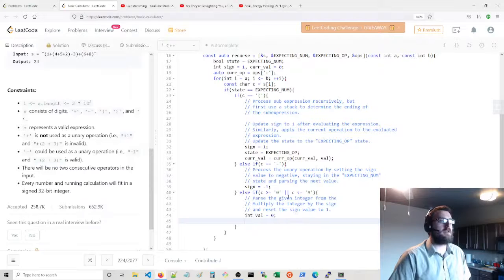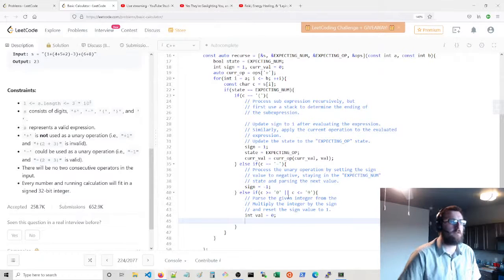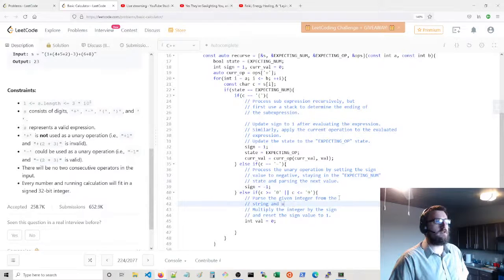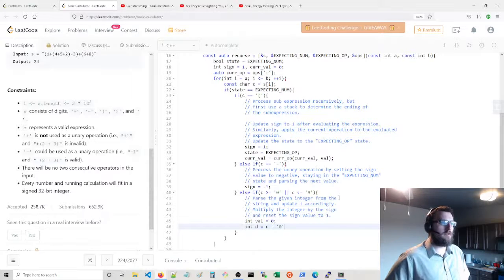We're going to say parse the given integer from the string and update I accordingly. So actually D is going to be C minus 0, and you're going to set val equal to D.